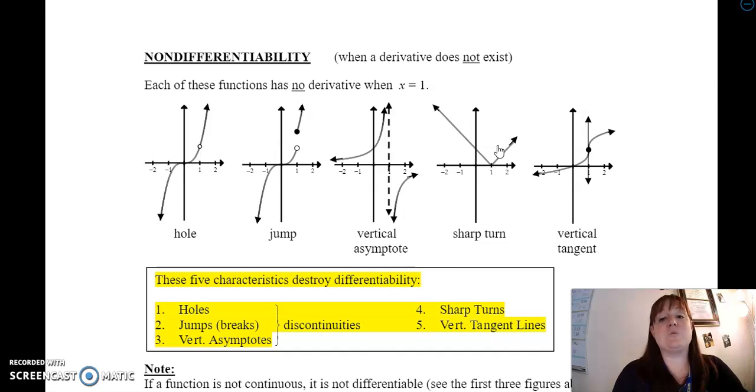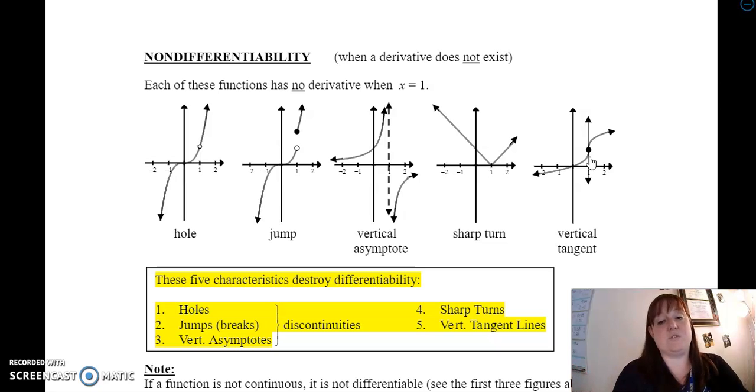So we can't take the derivative if we have a sharp turn, like in the absolute value function, or where we have a vertical tangent line, like in the cube root function or like the fifth root function that's really, really flat. The tangent line goes vertical, and a slope of a vertical line is undefined, therefore there is no derivative, right?